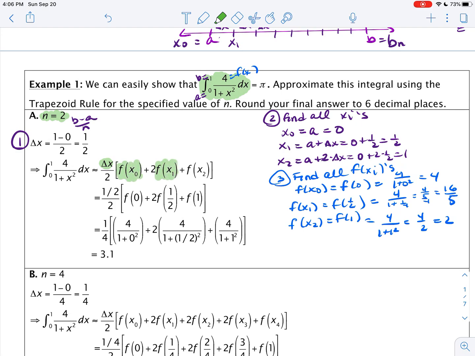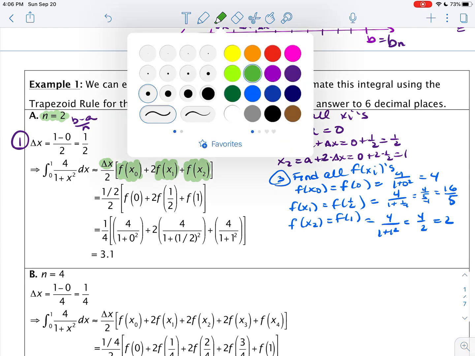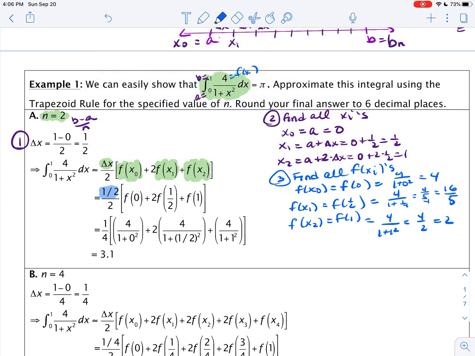So we would have our delta x, we would have our f of x sub 0, we would have our f of x sub 1, and we would have our f of x sub 2. And you can see in this progression, we saw that delta x was 1/2, so we substituted the 1/2. We calculated f of x sub 0, and we get 4 here, right?